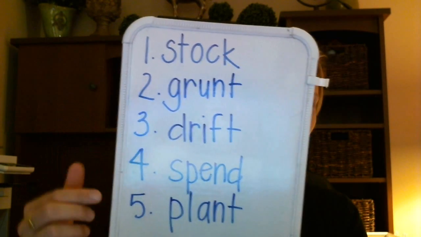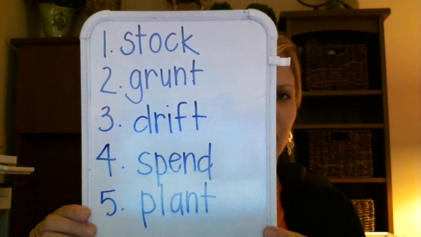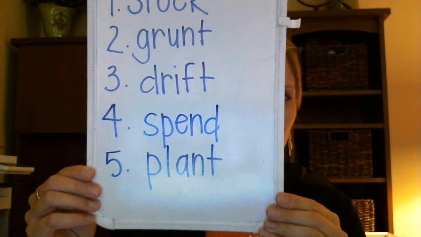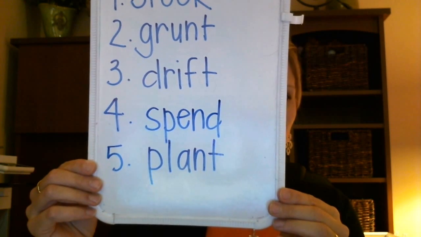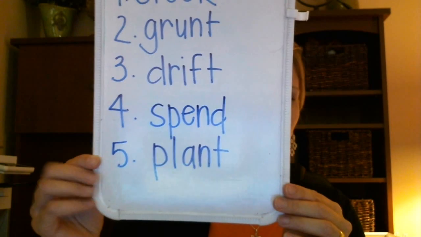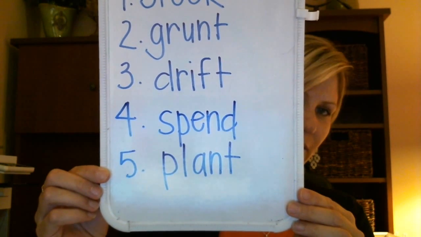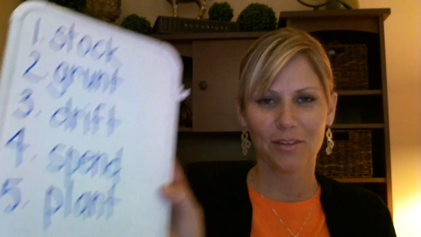Number 3, drift. Number 4, the correct answer was spend. And the last one, number 5, was plant. Okay? All right. Hopefully everyone got those correct.